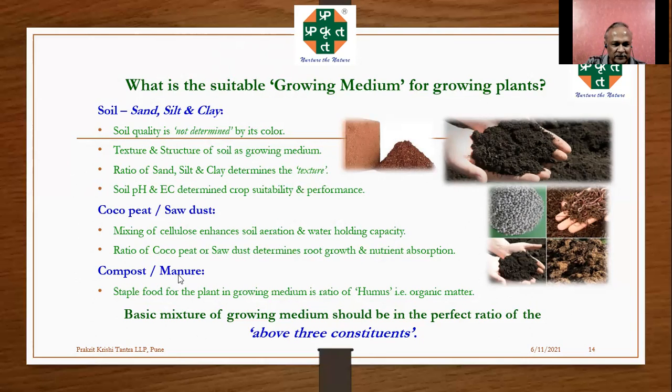And then comes the humus or the manure, compost, the staple food for the plants in the growing medium, the humus or organic matter. As I said, up to 5% naturally, but generally, if you ask anyone, between 1 and 2 is also quite good.